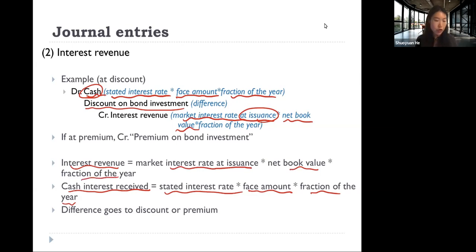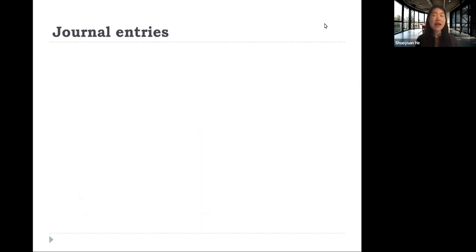And the difference is going to the premium on bond investment. So that is the second journal entry we're going to record if this bond investment is classified as held to maturity. And then the third journal entry is for the sale of the bond.